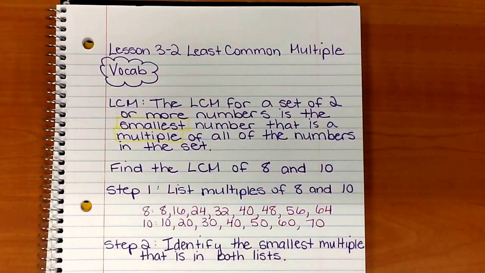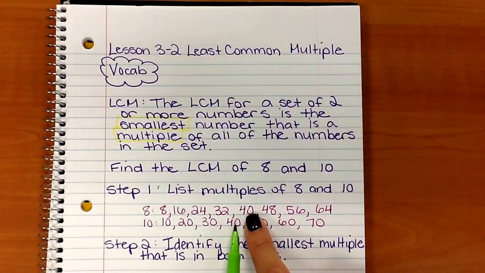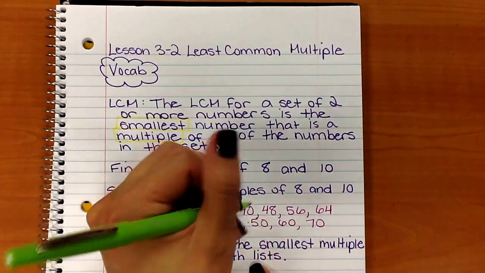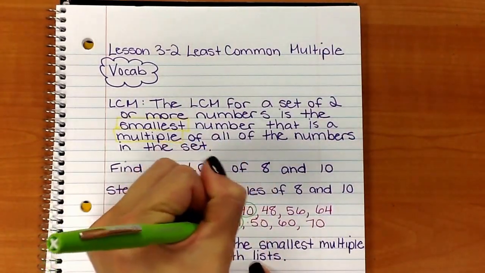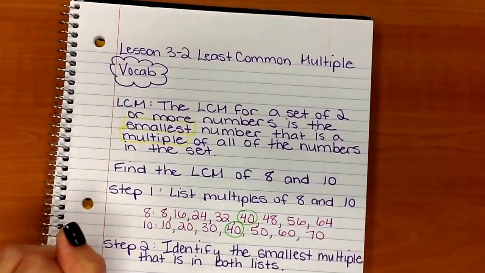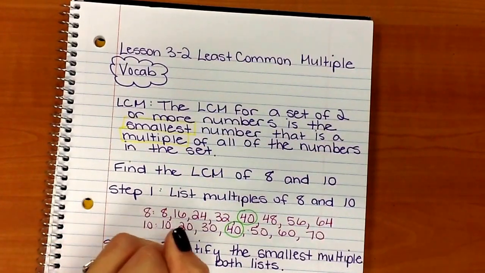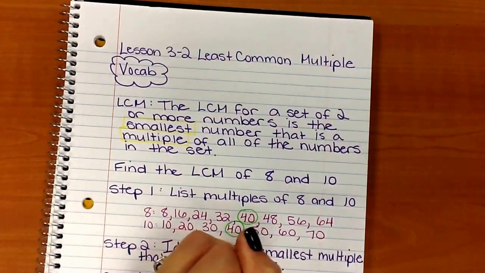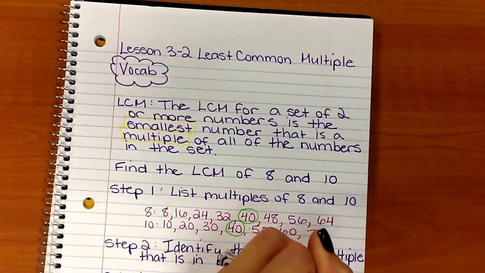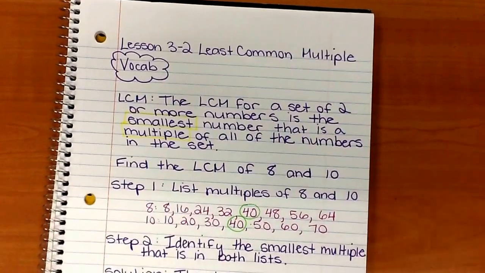So if I look back at the list that I created for the multiples of 8 and 10, I can see that the smallest number that appears in both lists is 40. So, my solution? The LCM of 8 and 10 is 40.